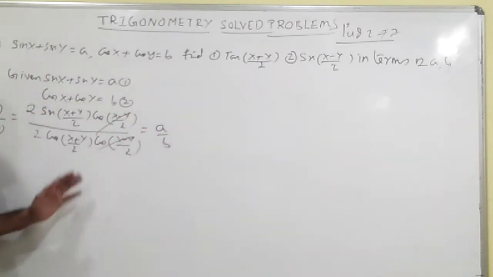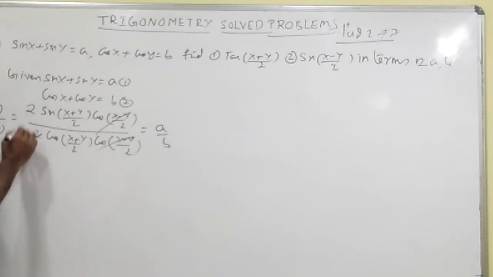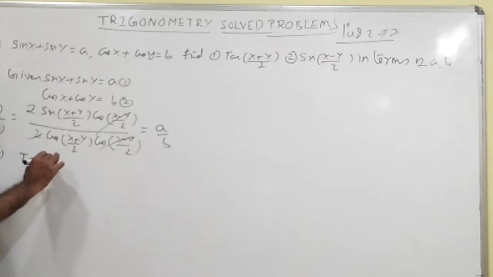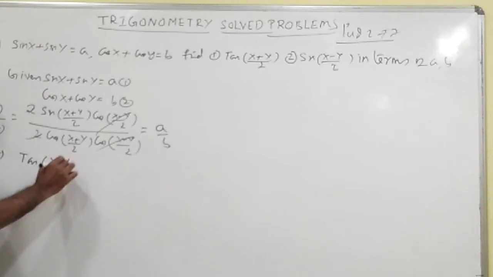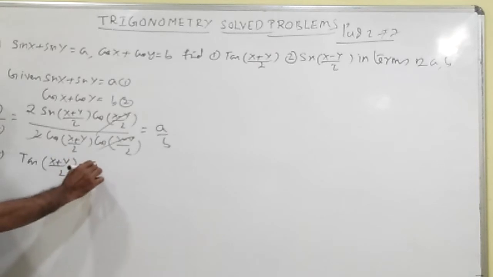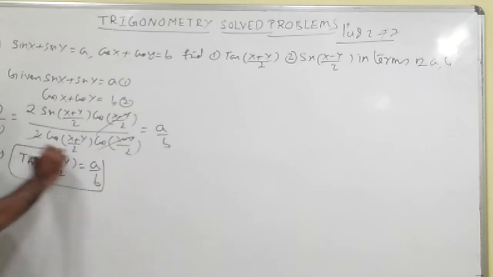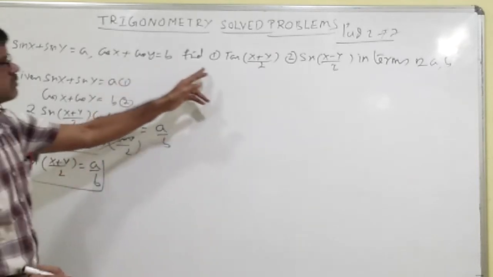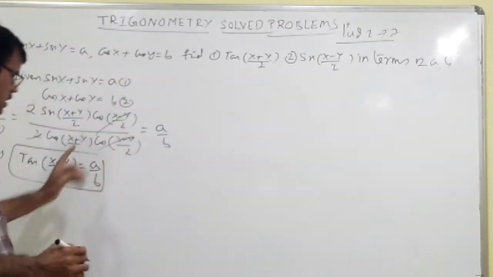Here cos of (x minus y) by 2 terms got cancelled, 2 got cancelled. We know that sin theta by cos theta is always tan theta. So tan of (x plus y) by 2 we got as a by b. This is the first answer.